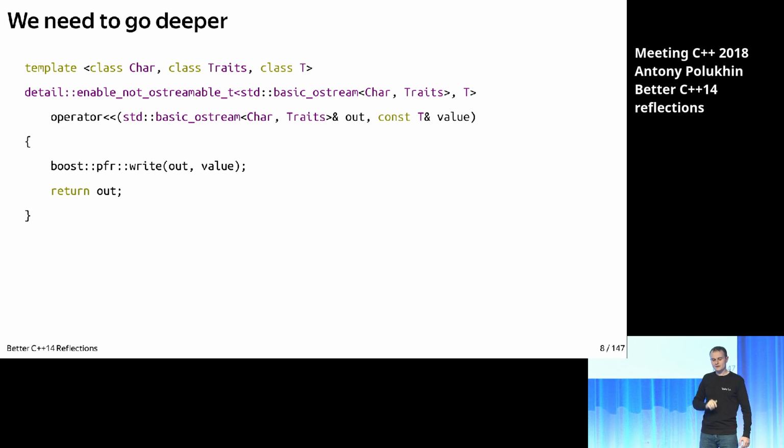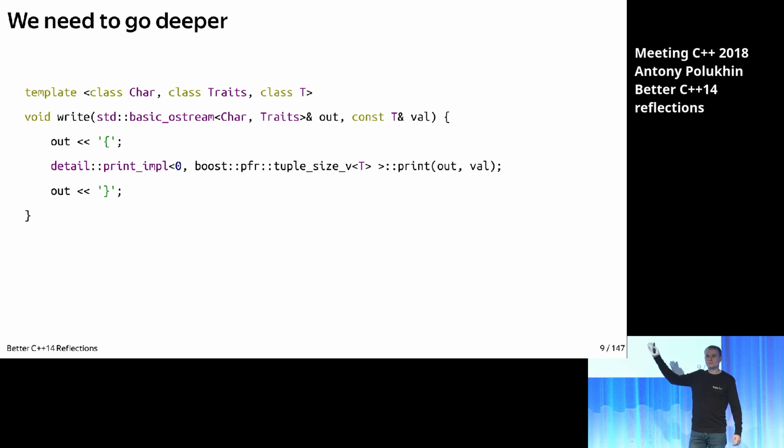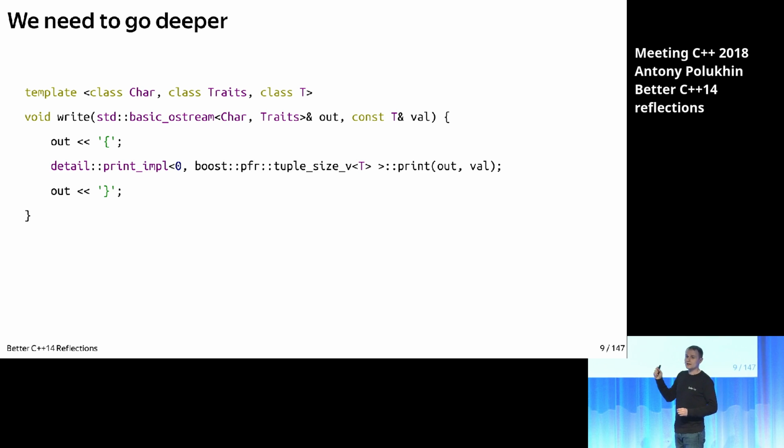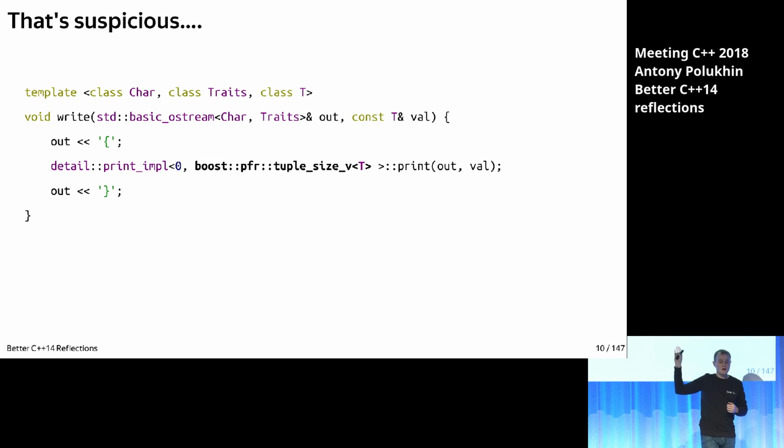And in the body of that ostream operator, there is a Boost PFR write function call. That function is pretty trivial. It outputs some curly brackets. And in the middle, it calls the print function. There are some template arguments there. And what's more interesting, there is a boost::pfr::tuple_size_v template variable.